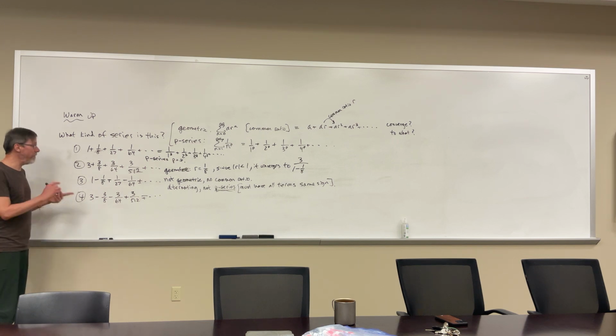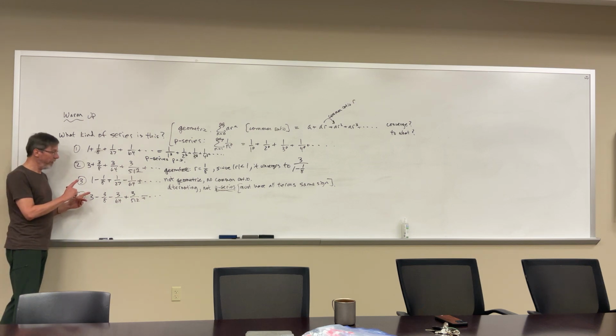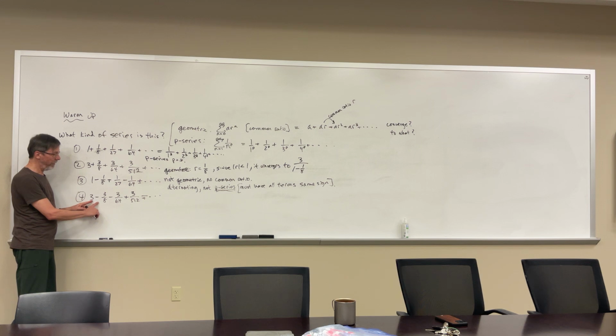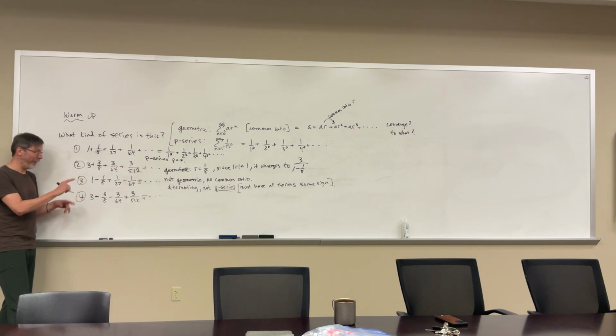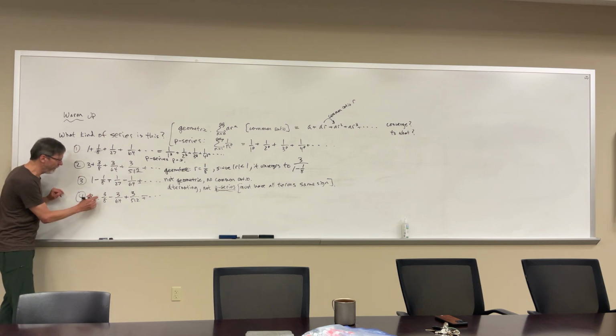So what would make it geometric? I think the first negative would have to be, no, maybe, so if I made this a positive 1/8, but then it's negative, but then it's positive. Yeah, so it doesn't have a common ratio. Two negatives and then yeah.